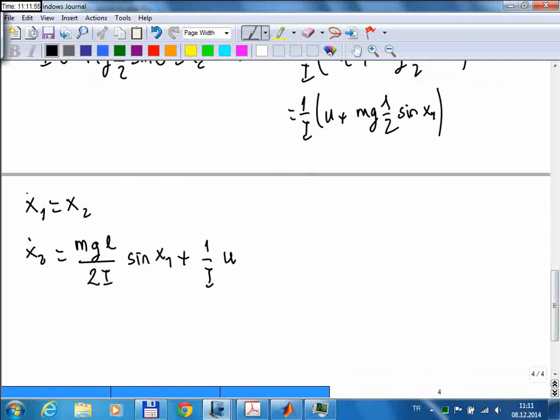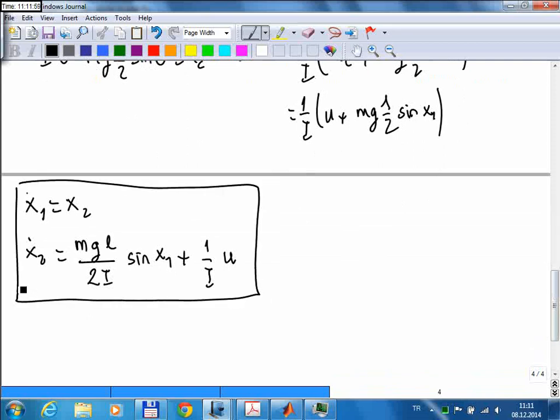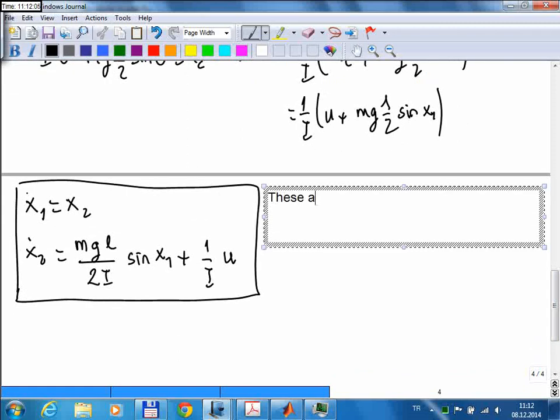Okay? So these are the state equations for the states defined as above.